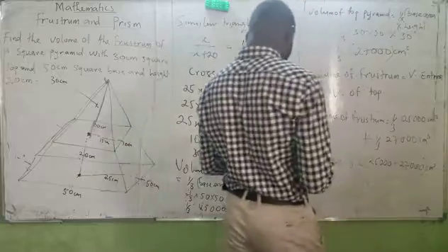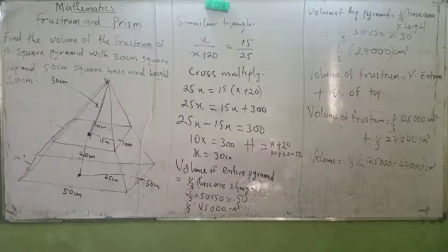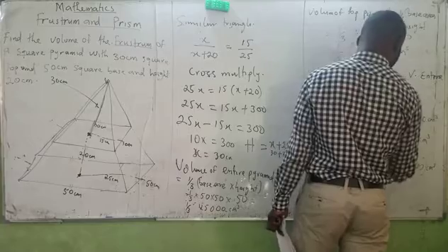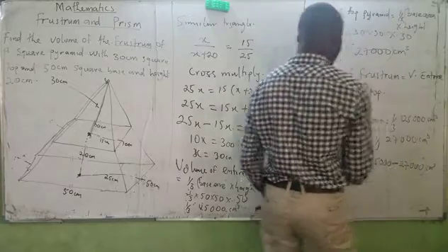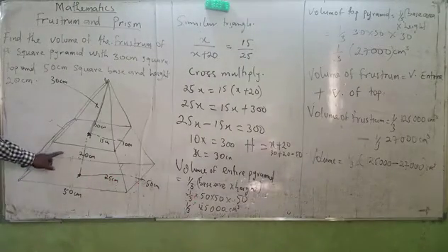Hope I'm not making any mistake. Volume of a frustum. Oh, sorry, I made a mistake. The volume of a frustum will be minus, sorry. Minus. This is the frustum we are talking about.